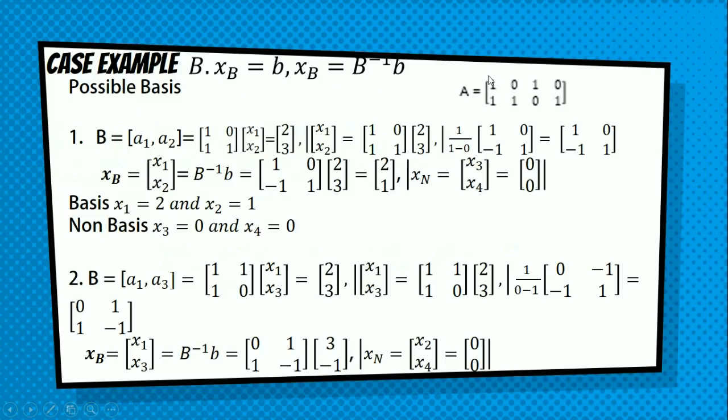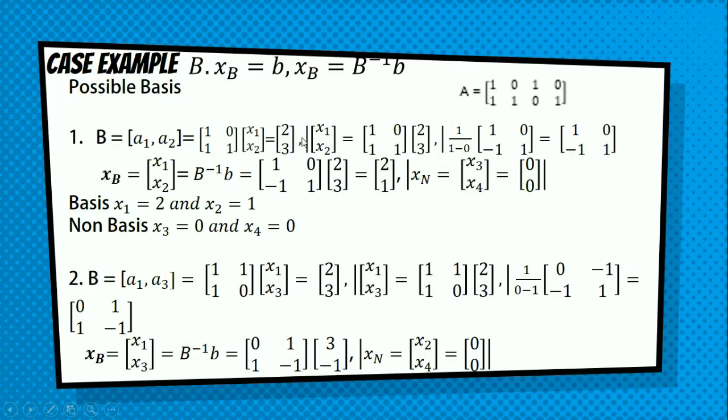A1 and A2 are these columns: 1 1 and 0 1. A1 is the coefficient from x1 and A2 is the coefficient from x2, equal to the constraint.